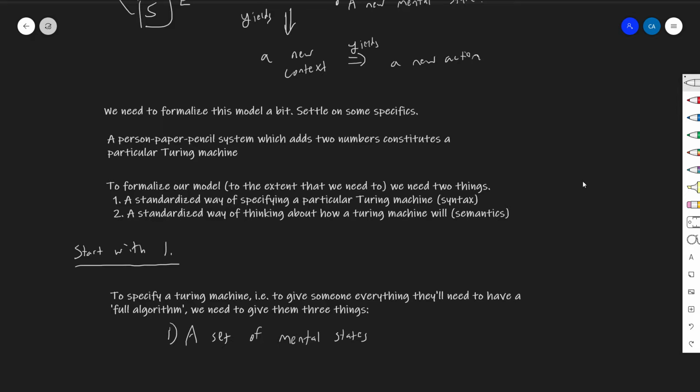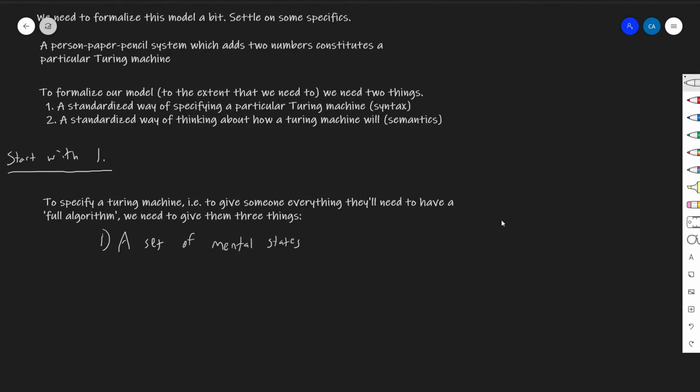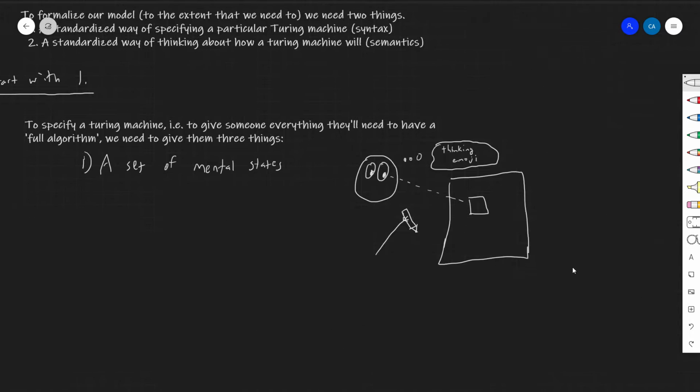So for the mental states, I'm going to redraw the picture here. This thinking emoji thing here, basically I want to discretize the mental states and say I'm going to be in a particular mental state at any moment, and I'm going to index them in a set. So I'm going to call the mental states Q. In set notation, Q is the set containing Q1, Q2, ..., Qn.